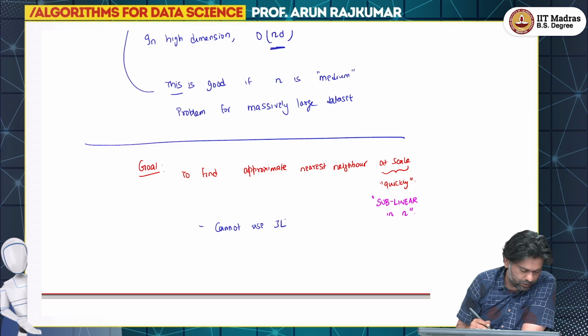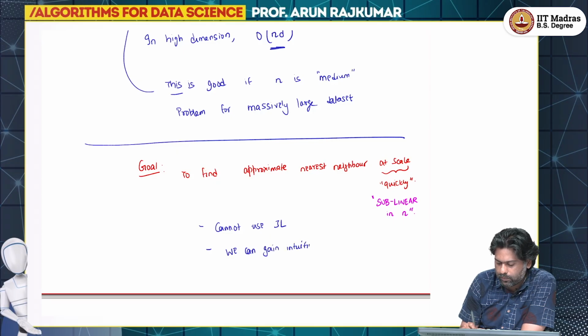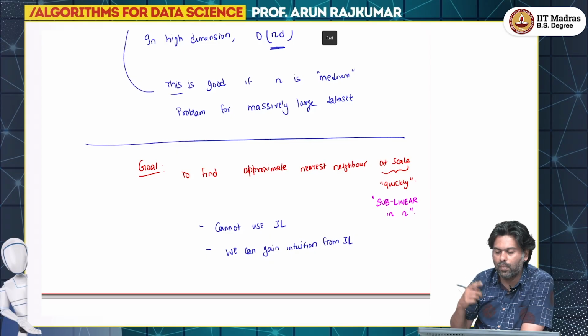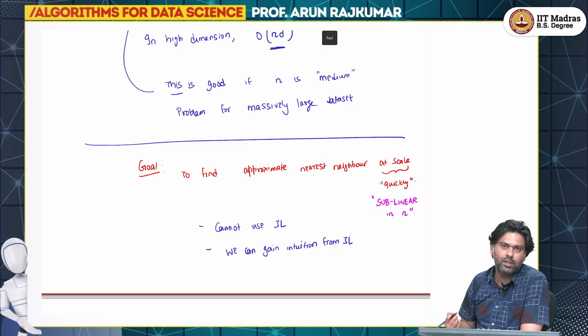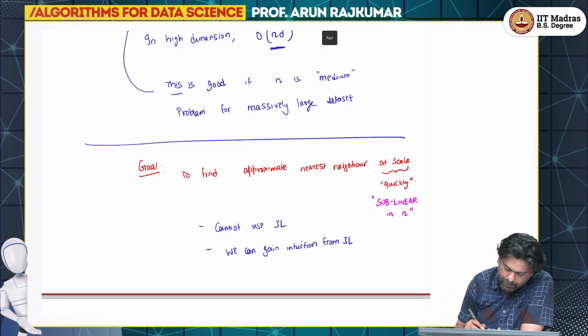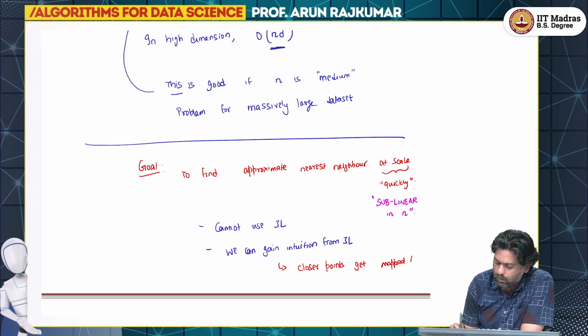What do I mean by that, right. We can gain intuition from JL. What is the intuition? JL says, if I map from high dimension to low dimension, the distances are preserved, right. Which means that closer points get mapped to closer points in low dimension.